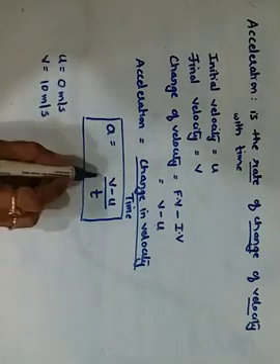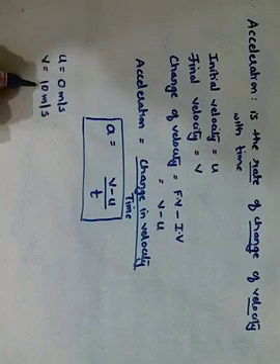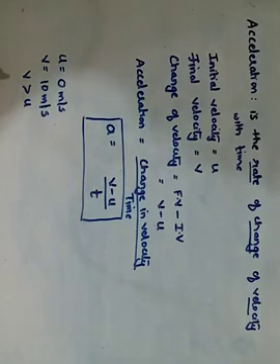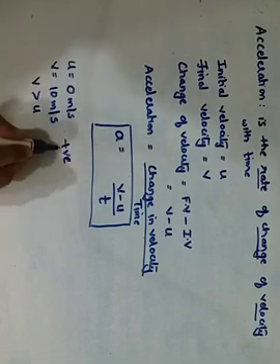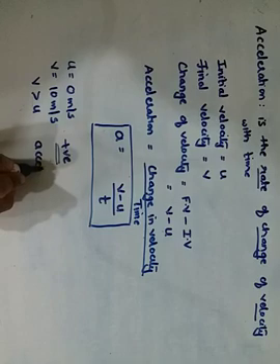Can you see here v is 10 and u is 0? That means v is greater than u. When you put the values in, you are going to get a positive answer. Whenever you get a positive answer, we call it acceleration.